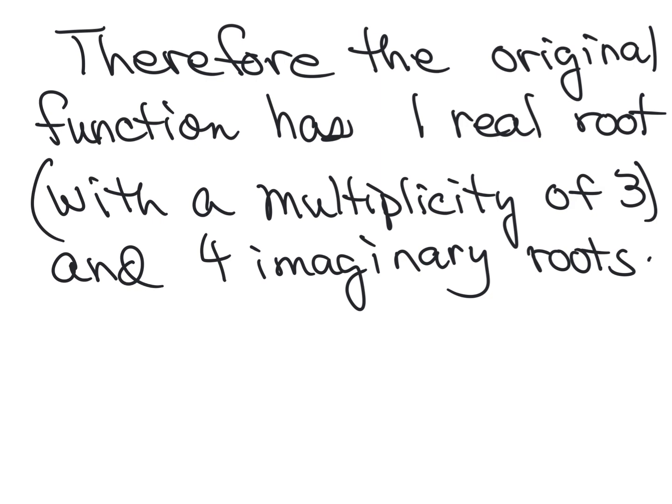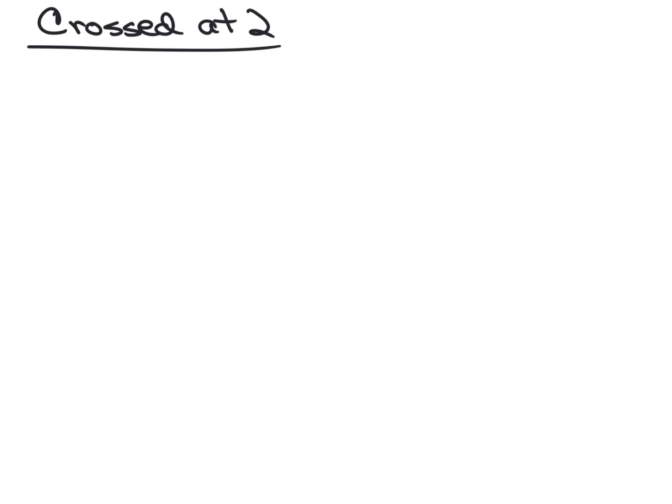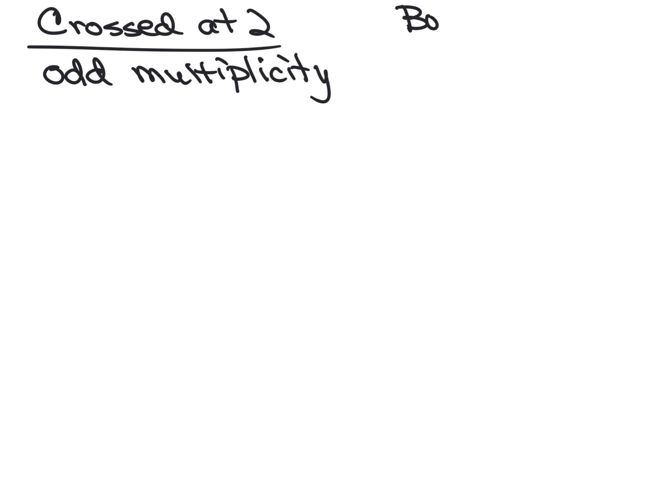Now, if we use the bounces and the crosses, first of all, it crossed at 2, which means that you are going to have odd multiplicity. And there was one time that it bounced at 2, which meant that the multiplicity here was 2.